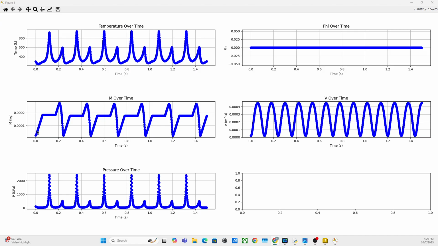Down here is just the mass of air in the cylinder over time. At the zero time mark, the beginning, we start at top dead center, starting to draw in air from the intake port. So the cylinder fills up, and the mass of the air in the cylinder increases.